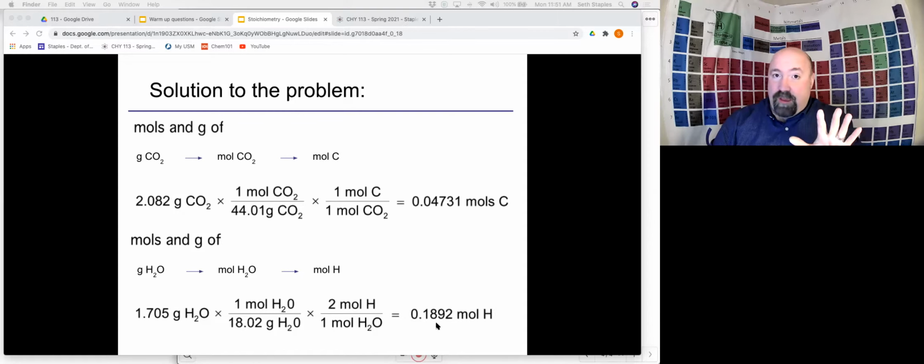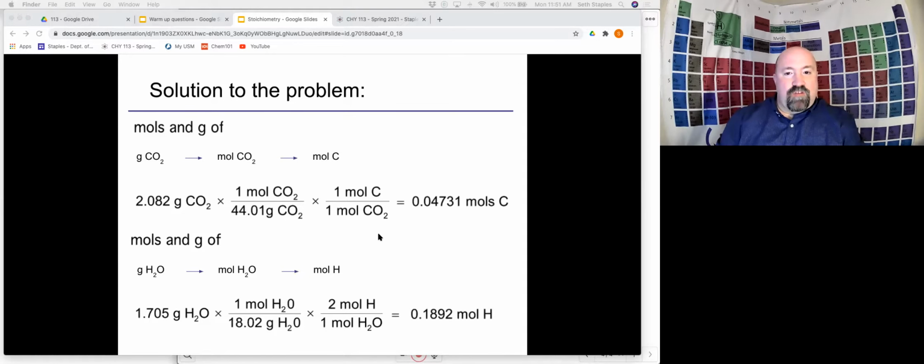So we're almost there. We now know how many moles of carbon had to have been initially present. We know how many moles of hydrogen had to have been initially present. Now we just need to find out how many moles of oxygen we had. And once we have all three of those, we can use those to find our empirical formula, just like we were doing a few weeks ago.